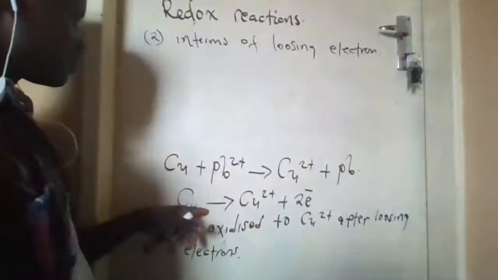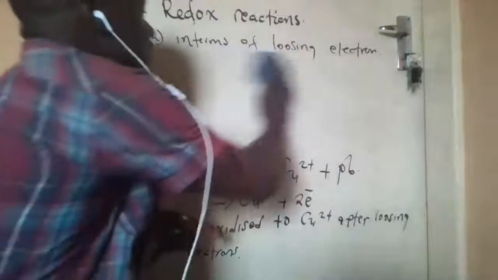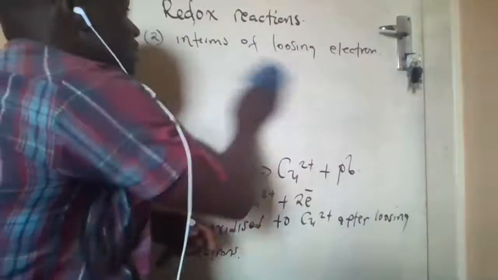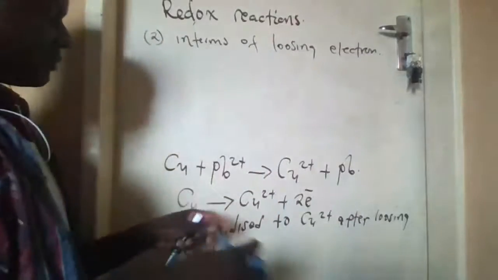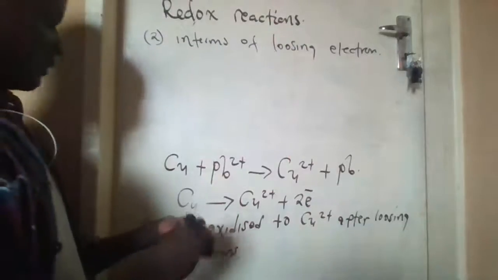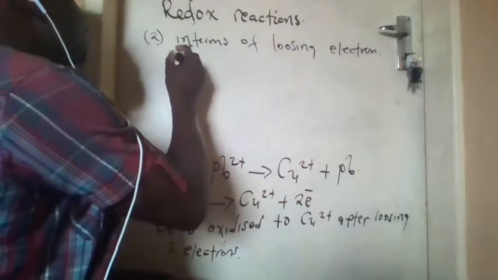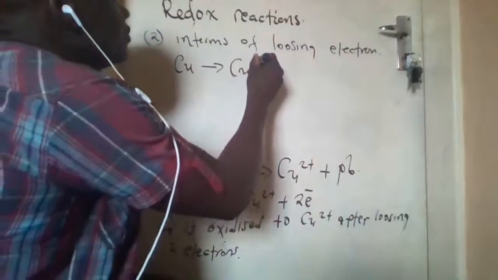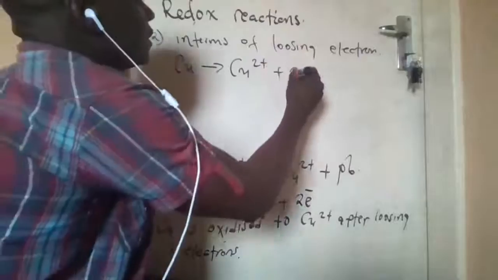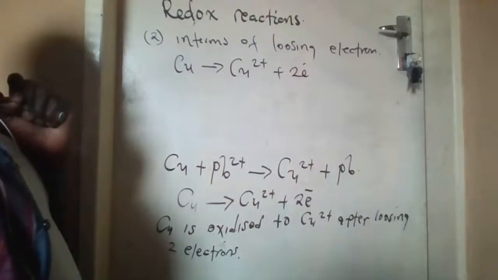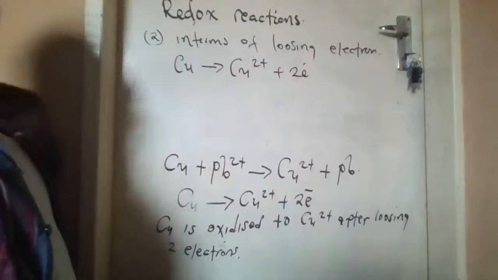So because we're talking about copper being oxidized by losing electrons, now I want to back up my statement by explaining the very term oxidation by means of the increase in oxidation state. So if you consider the copper forming Cu2+ plus 2 electrons. On the left, when the reaction was starting, what is the charge here?